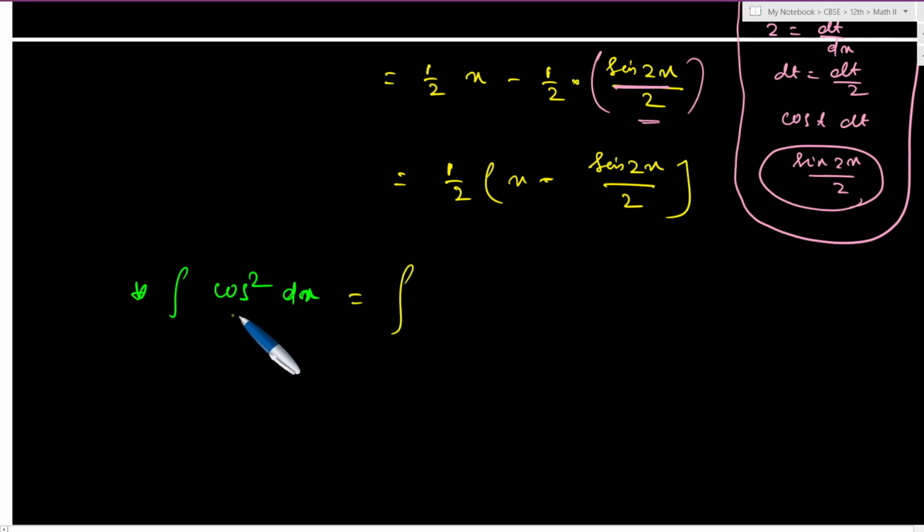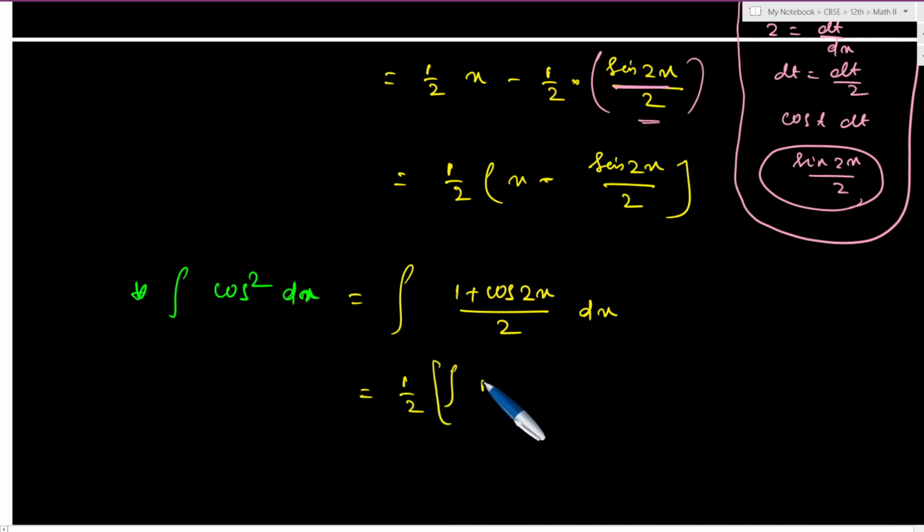This can be written as integration of (1 plus cos 2x) divided by 2 dx. This 1/2 becomes outside. This becomes what? Integration of 1 dx plus cos 2x dx. Simple.